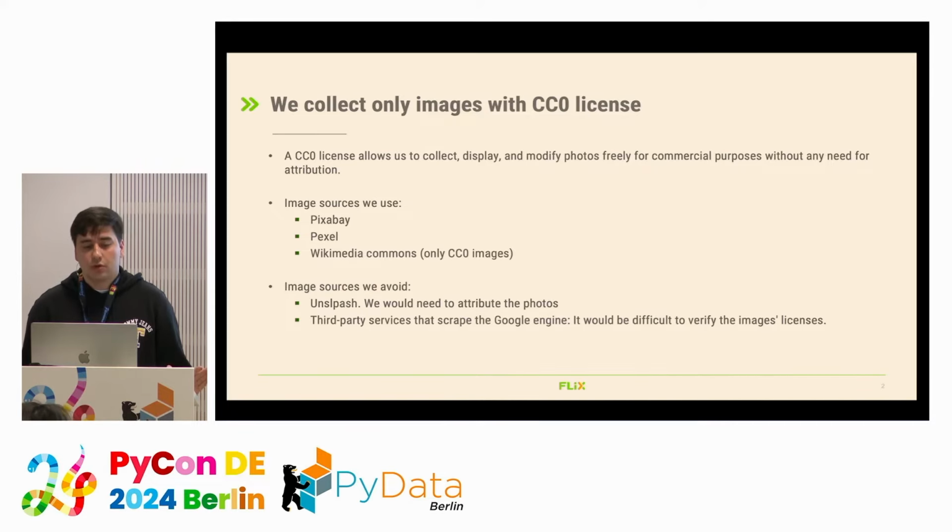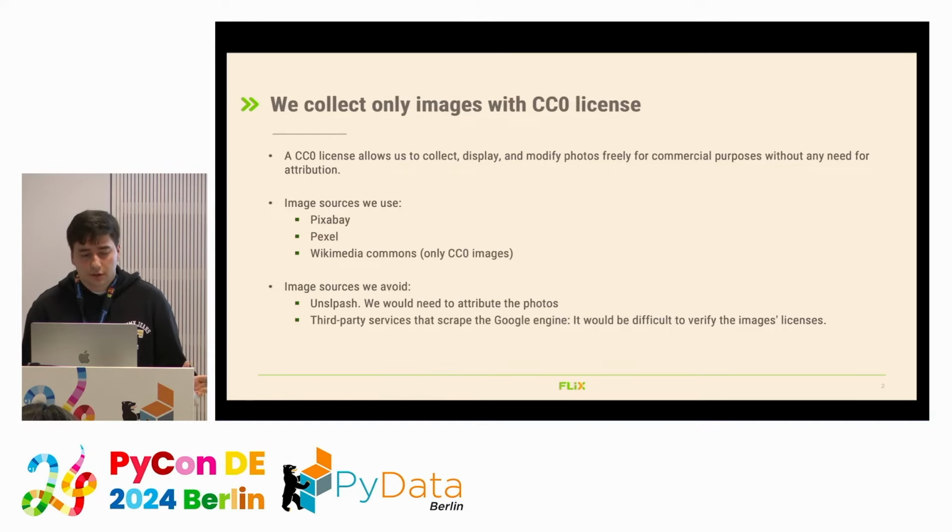Because of this, we use Pixabay and Pexels, where all images are free to use. We also use Wikimedia Commons as an image stock. It's all images from Wikipedia, but again, we take only CC0 images.